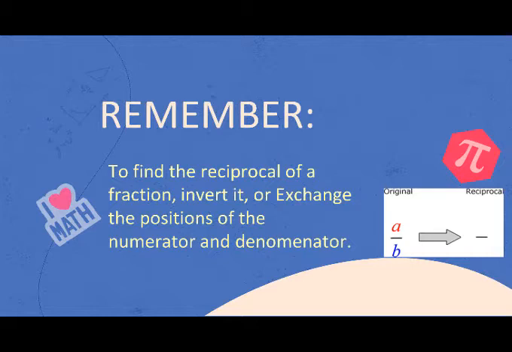Okay, remember what a reciprocal is. In this case, we need to know the reciprocal is a fraction inverted, or exchanging the position of the numerator and denominator. See the picture we have here? The numerator is the number 8. You exchange it with the denominator, flip the number, and now it's in the numerator position.